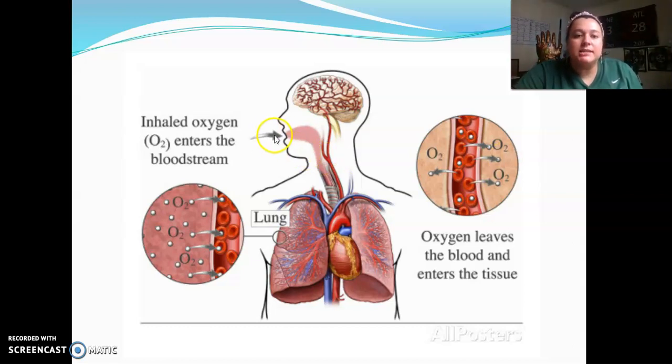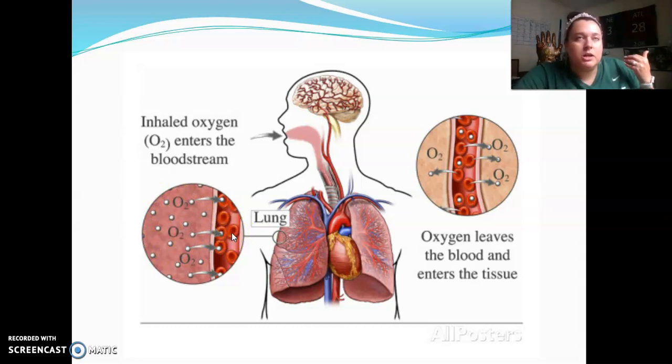All right, here's a picture to show you what happens with oxygen at the lungs. The first thing is that whenever we inhale, yes, we can inhale through either our nose or through our mouth, and that eventually gets down to our lungs. I want you to notice here, boys and girls, that the heart, which is in between your lungs, is connected to all these blood vessels that branch into your lungs. So whenever you breathe in oxygen, where this pink structure here is your lung, oxygen moves in and attaches to your red blood cells.